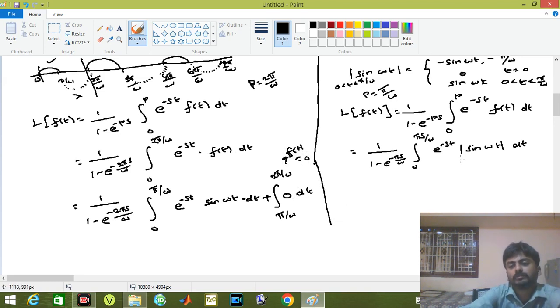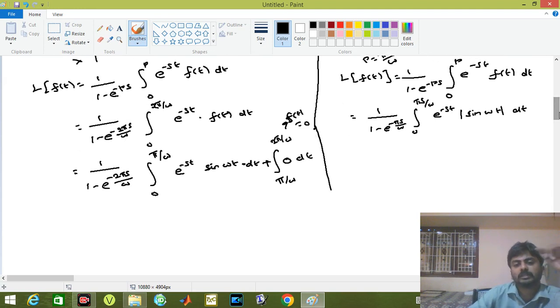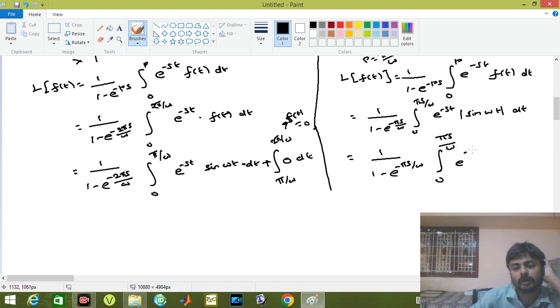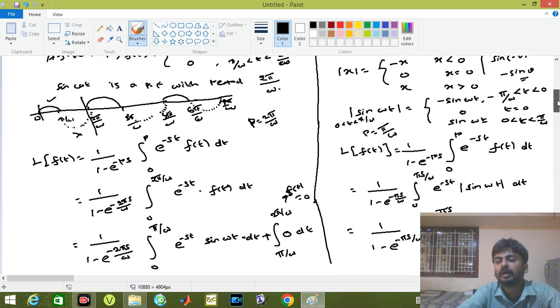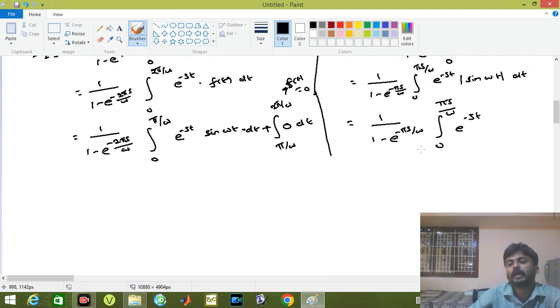Now this is like 1 by 1 minus e power of minus pi s by omega, into the integral from 0 to pi by omega of e power of minus st sine omega t dt.